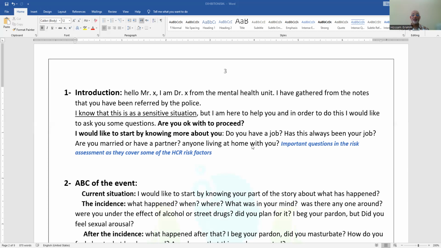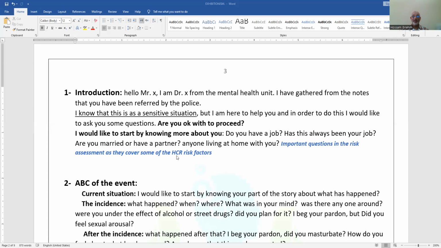Anyone living with you? This information does not only show that you are professional and that you are dealing with a negative or defensive patient in a smooth way, gradually approaching the sensitive issues, but also helps you cover important parts of the history taking and the risk, because the job, its permanency, being married or not, and the social context around it are all related to risk factors.